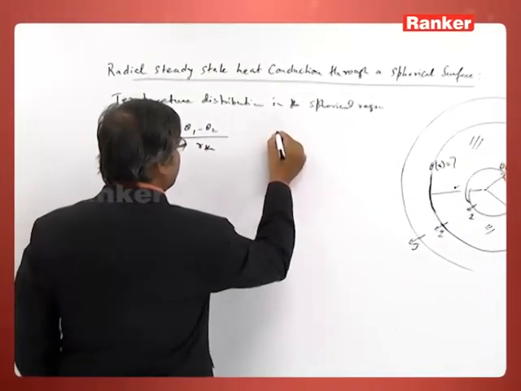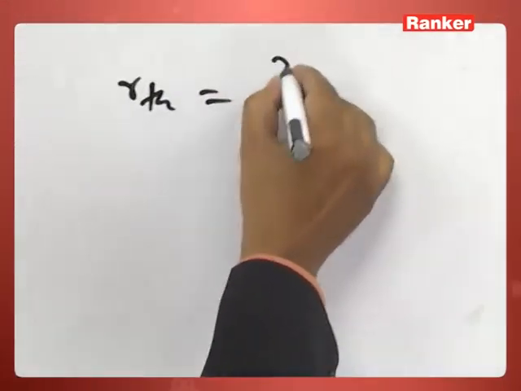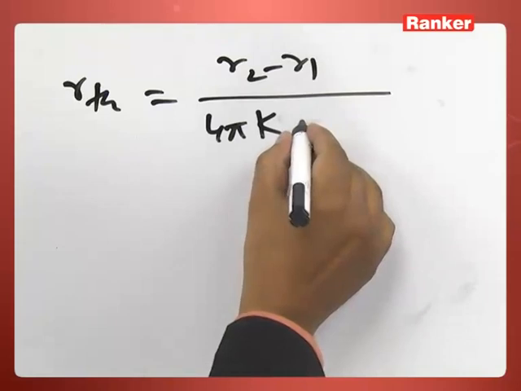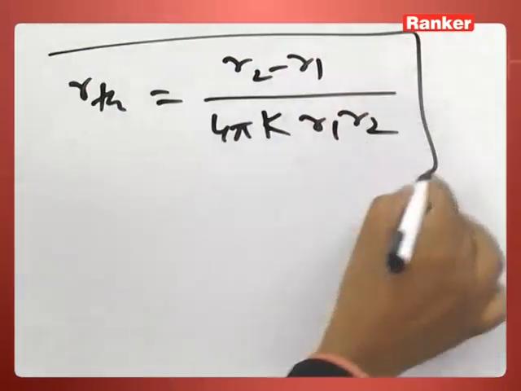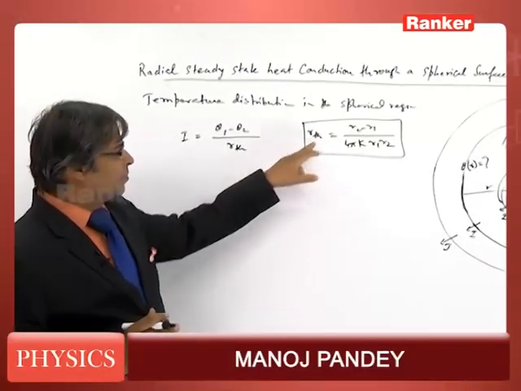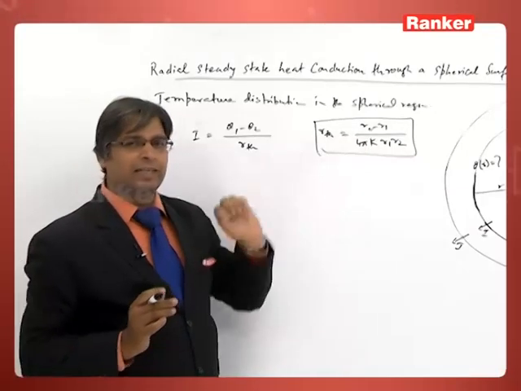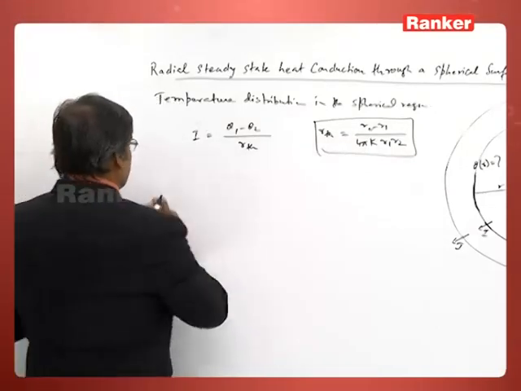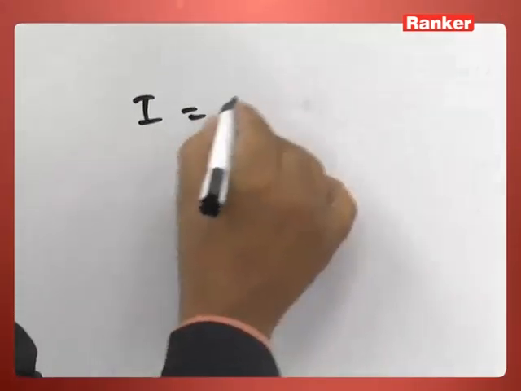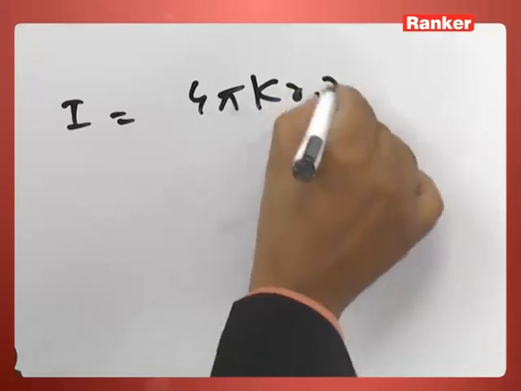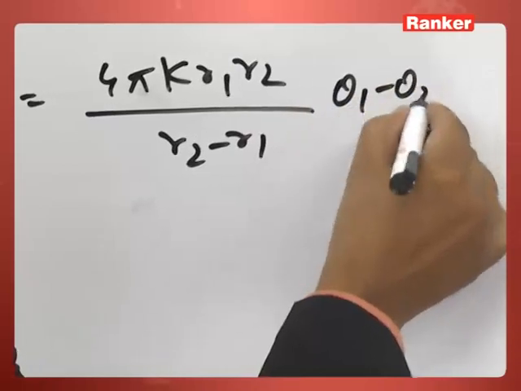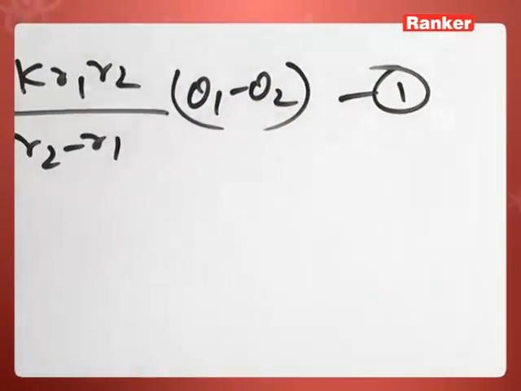The thermal resistance R_TH formula was (R2 minus R1) by 4 pi K R1 R2. This was the expression we derived from our previous discussion. So, we got I as 4 pi K R1 R2 by (R2 minus R1) times (theta 1 minus theta 2). This is equation number 1.